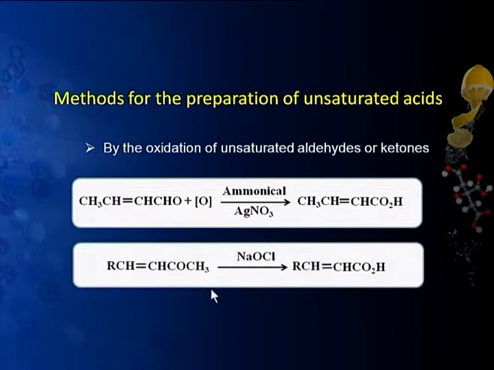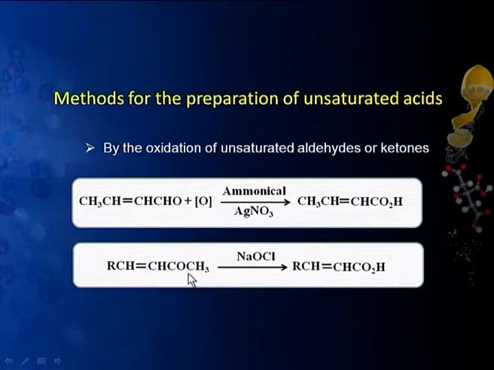Suppose we have some ketone, an alpha beta unsaturated ketone. Now ketones are generally oxidized with very strong oxidizing agents, but suppose we have such a ketone with one methyl group on the other side of the carbonyl, then it can be converted into the corresponding halo form. That is, the methyl part can be converted into the halo form by using the haloform reaction, and the remaining portion is obtained as the corresponding carboxylic acid.